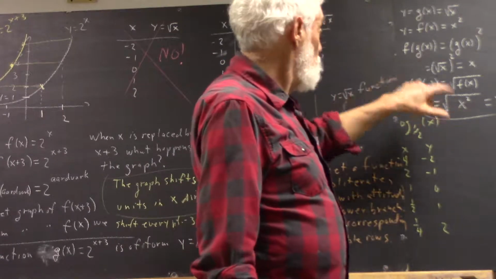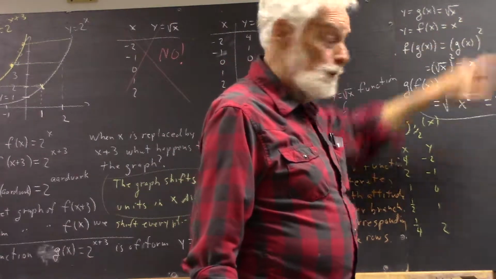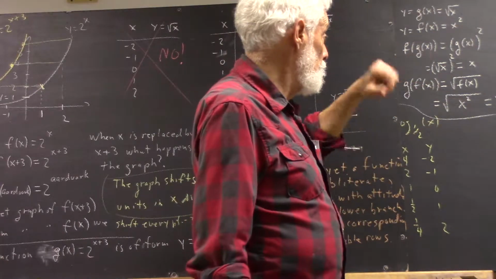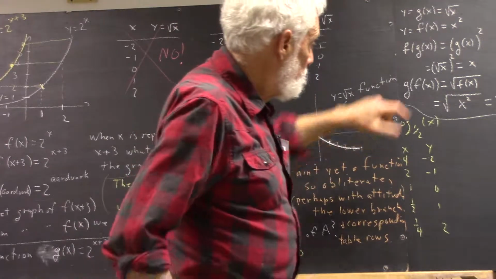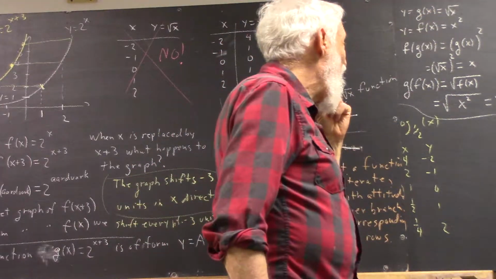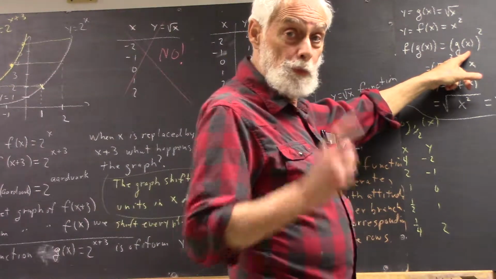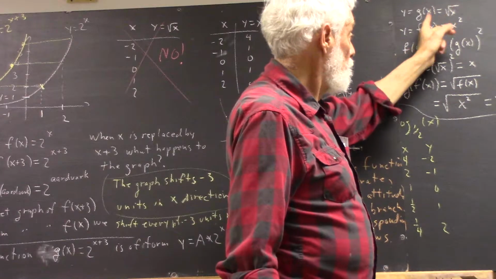So you have to say, what does f of g of x mean? Well, that means g of x squared. Now there's another way to answer that, but you know, we're going to go with this. Okay? So f of g of x is g of x squared. Now, that's one step. Another step, what is g of x? Well, right there, it's the square root of x.